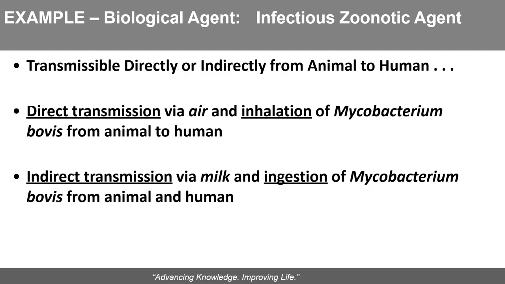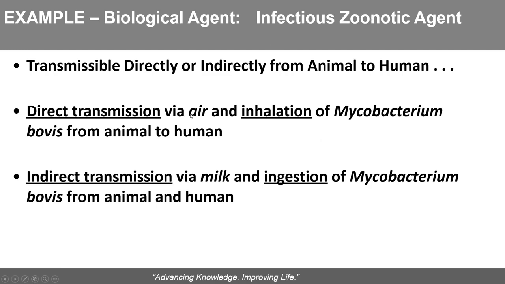And what we know is that greater than 60% of infectious diseases encountered by or experienced by humans are of animal origin. So they're zoonotic infectious agents, and it's somewhere around 63% of those illnesses associated with infectious zoonotic agents.